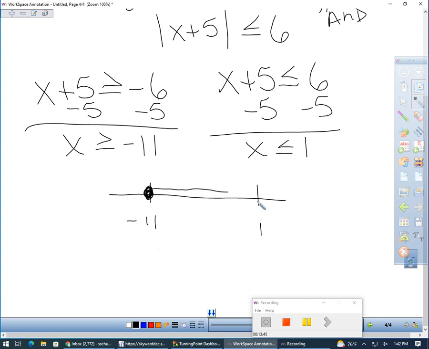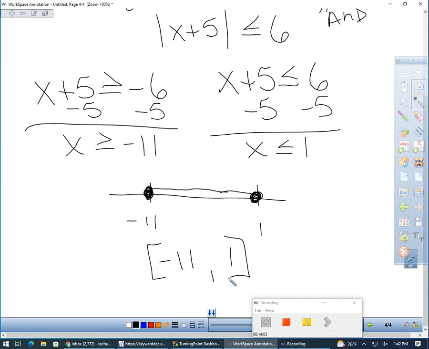At 1, I have a closed dot, and it's less than, so it goes to the left. My interval notation starts with a closed dot, which is a bracket. Negative 11 all the way to 1, the closed dot, which makes a bracket. Exactly. Do we remember doing this as well?